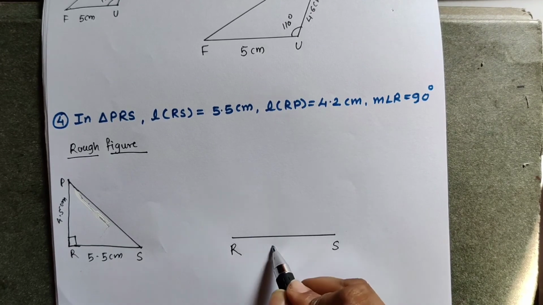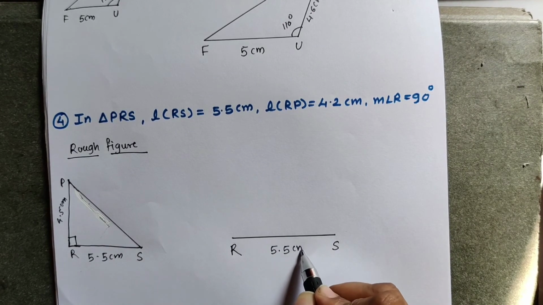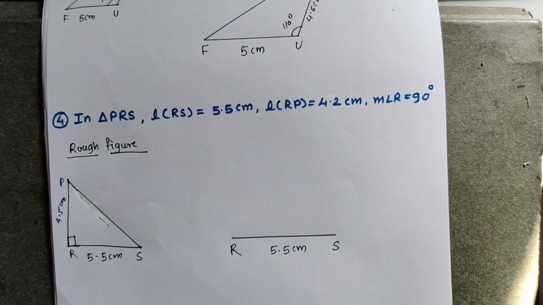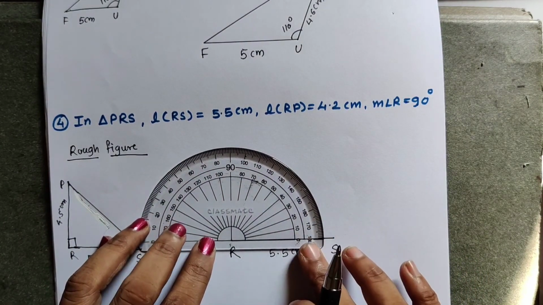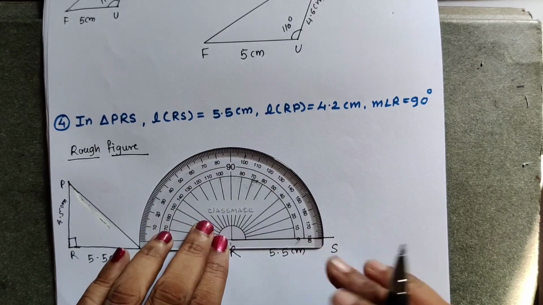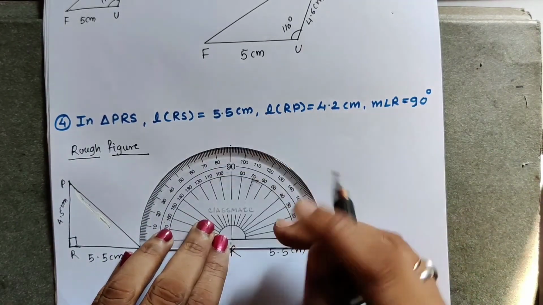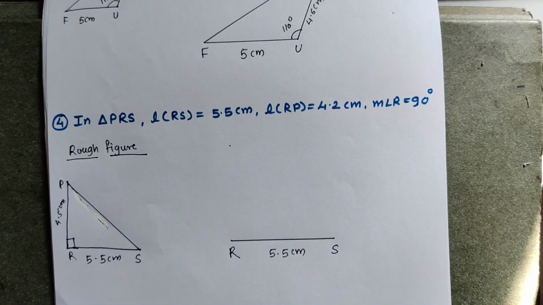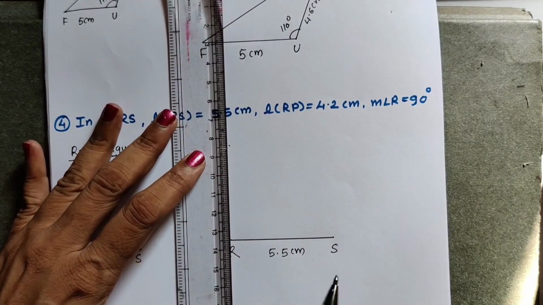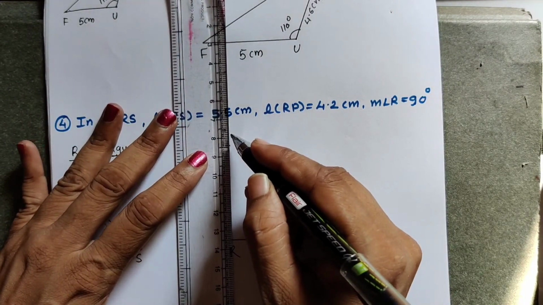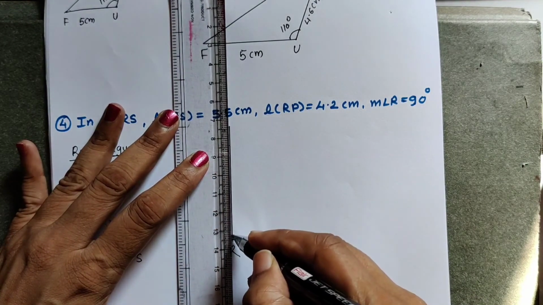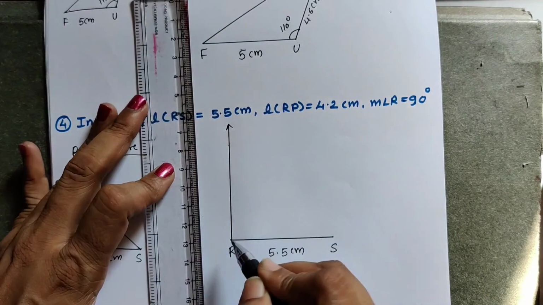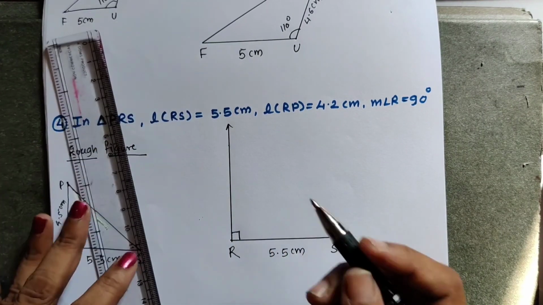Segment RS 5.5 centimeter. Now we have to place our protractor on point R to draw an angle of 90 degree. Draw the ray, not arc. Draw the ray of 90 degree. So here 90-degree angle is formed.